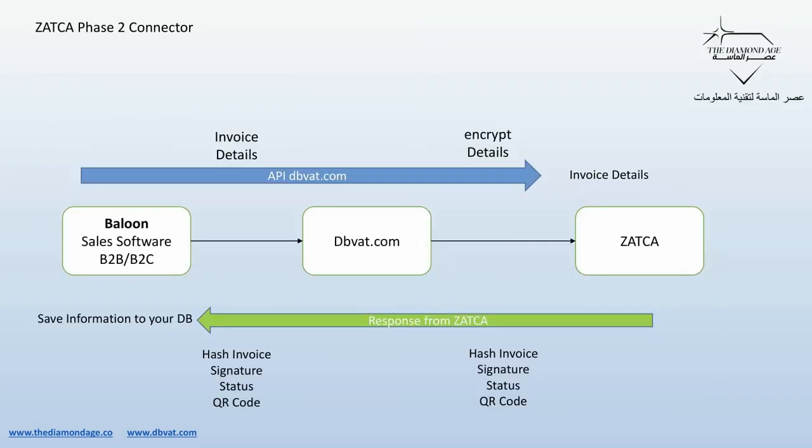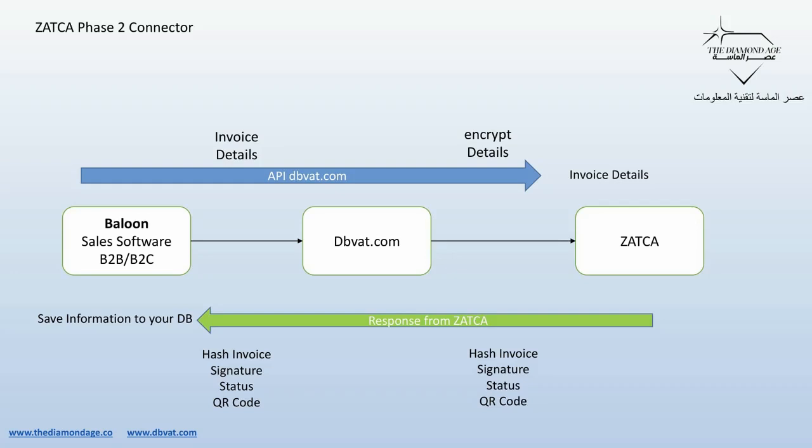Now, in general, balloons in our example, they are a company selling materials or products or services to customers. So when they are issuing the invoice detail, as we see at the top of the arrow, it's using the API of dbvat.com. It will go to dbvat. dbvat here will do all the transaction and validation and the encryptions that are required by the ZATCA server, and they will send it to ZATCA through encryption tools with all your invoice detail.